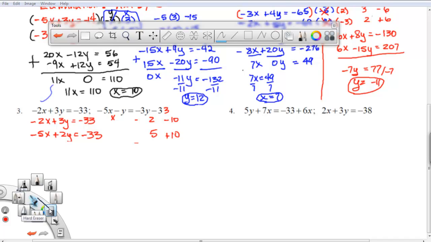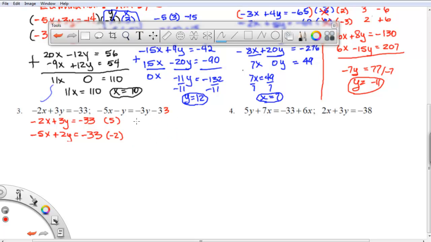Erase that. So the red are going to be my multipliers. So what do I multiply a negative 2 by to get a negative 10? Well, I multiply that by 5. What do I multiply a negative 5 by to get a positive 10? That would be a negative 2. Okay, so that's how I chose those numbers.